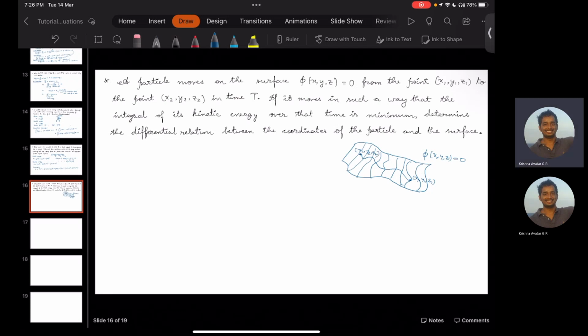So we are required to minimize the integral of the kinetic energy over that time.